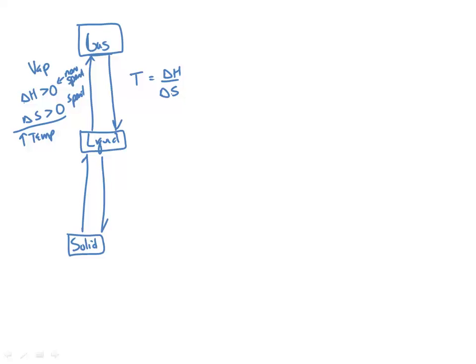Okay, so that's kind of the properties of liquids. The next thing we want to look at is that transition from a liquid to a gas in more detail. What we have to remember here is that this is a sort of an equilibrium.